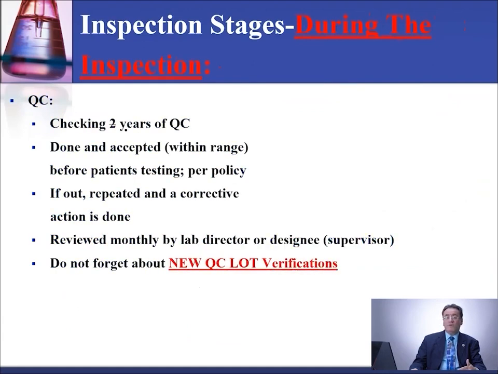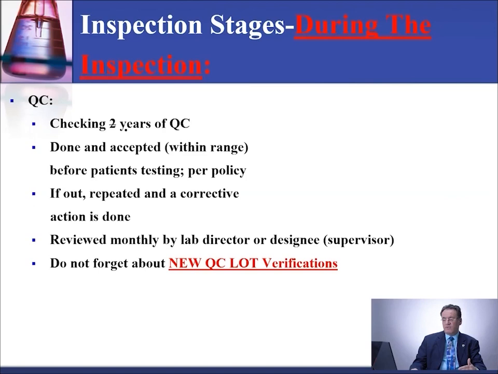They want to look at your QC. If this is your first inspection, you need 4 to 6 months of good clean data. If this is your second inspection or second cycle or more, then they will be checking 2 years of QC. So you want to have available for them your record of 2 years of QC.